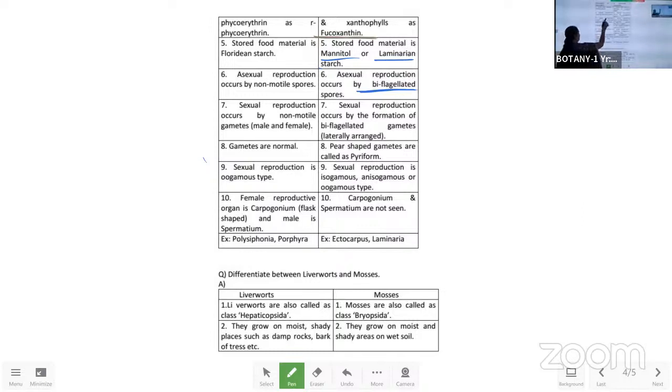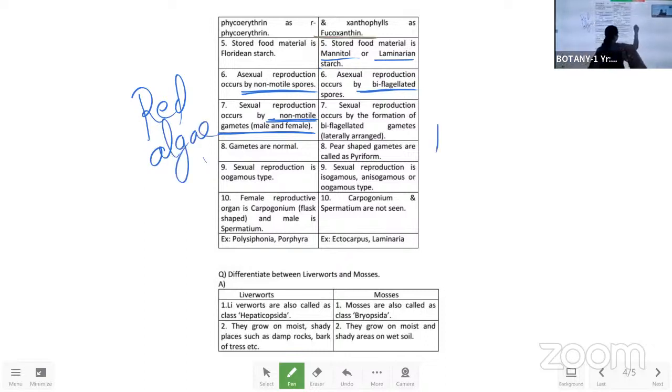Whereas in the red algae, it occurs with non-motile spores. There is no motility in the spores in the red algal members. And the next comes the sexual type of reproduction. Sexual reproduction occurs by non-motile gametes in the red algal members.